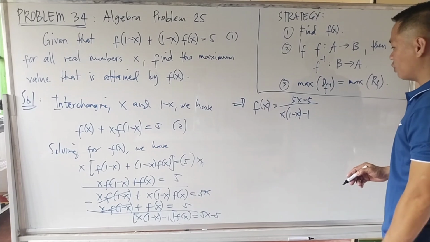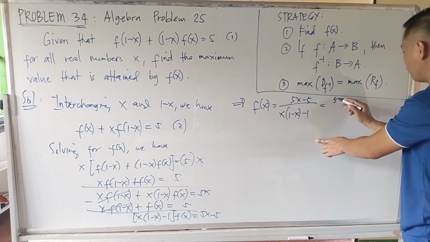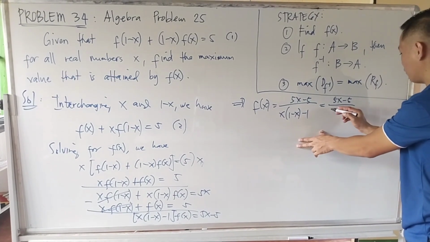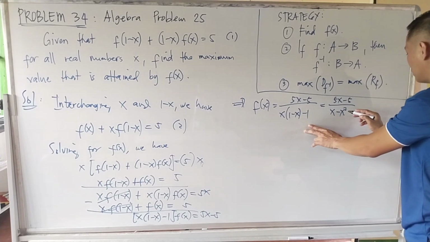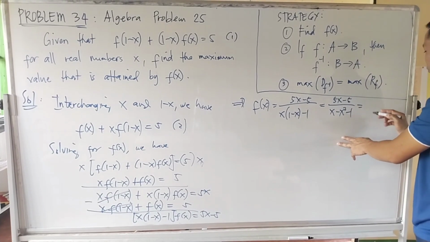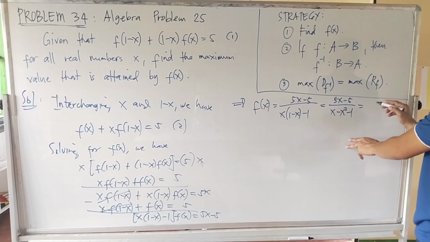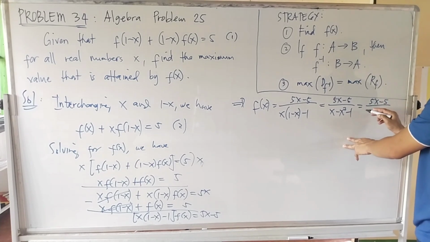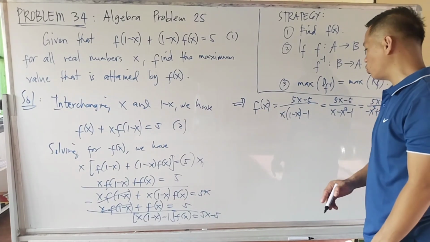Now we simplify the expression in the denominator: x times 1 is x, and x times negative x is negative x squared, then minus 1. Rearranging the denominator in descending order of powers, we have 5x minus 5 over negative x squared plus x minus 1. So this is the expression which is equal to f of x.